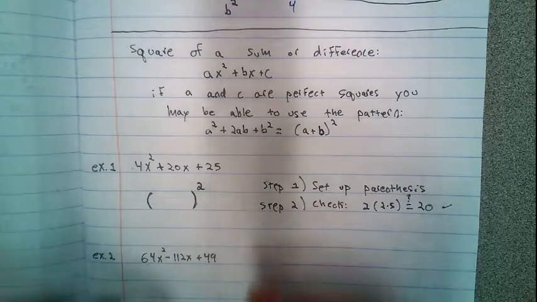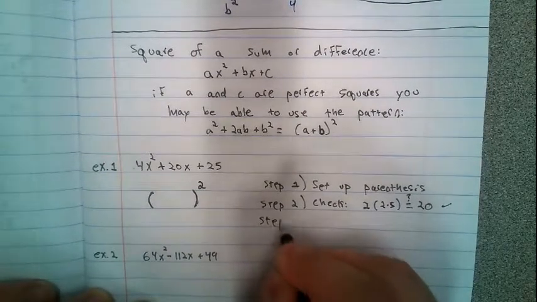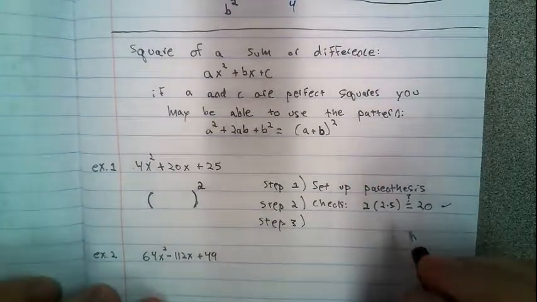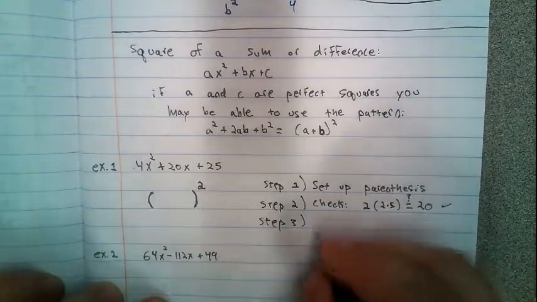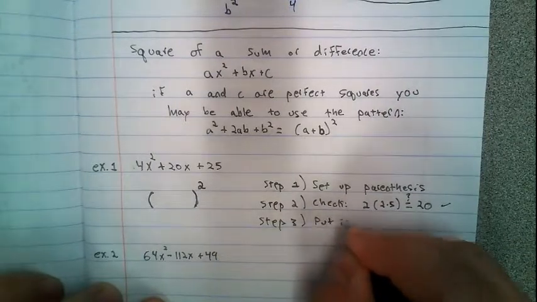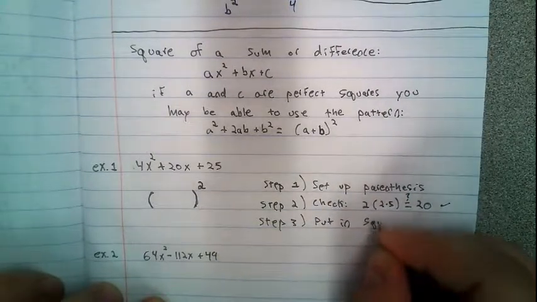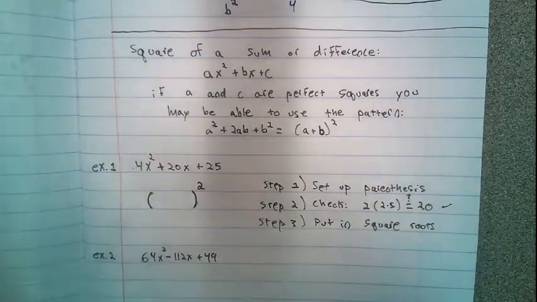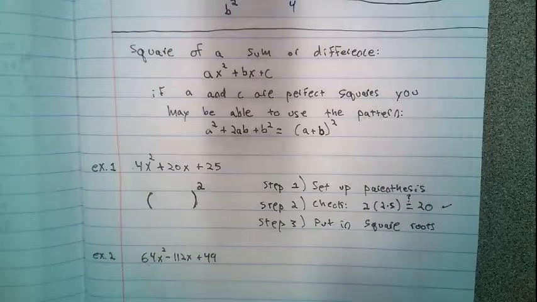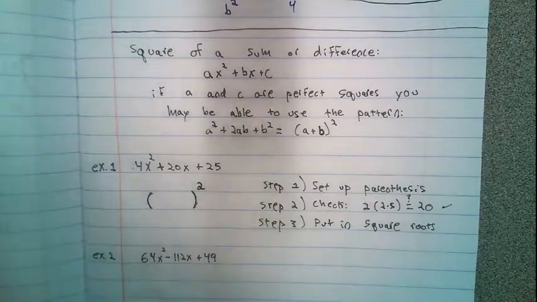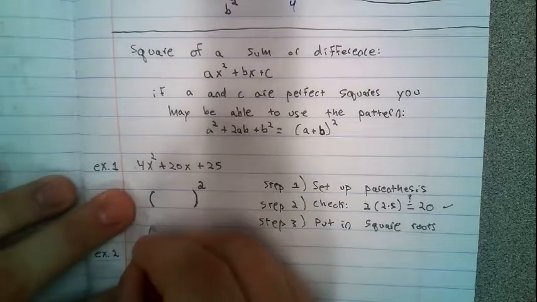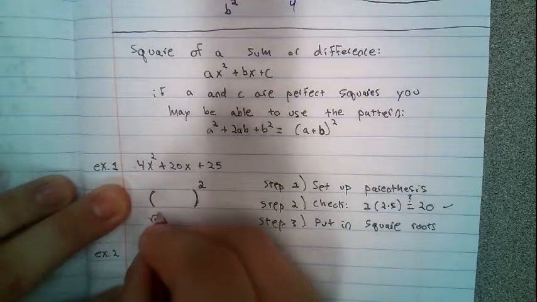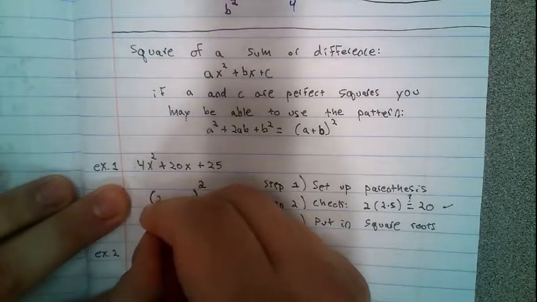Now, step 3 I should say, is to put in the square roots. So the square root of 4x squared is 2x. So 2x goes here.